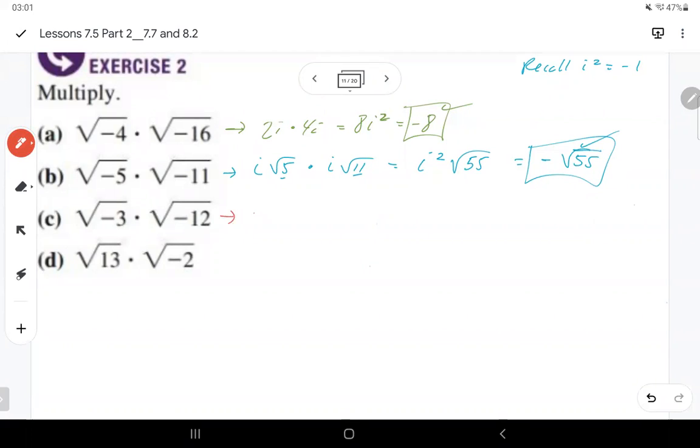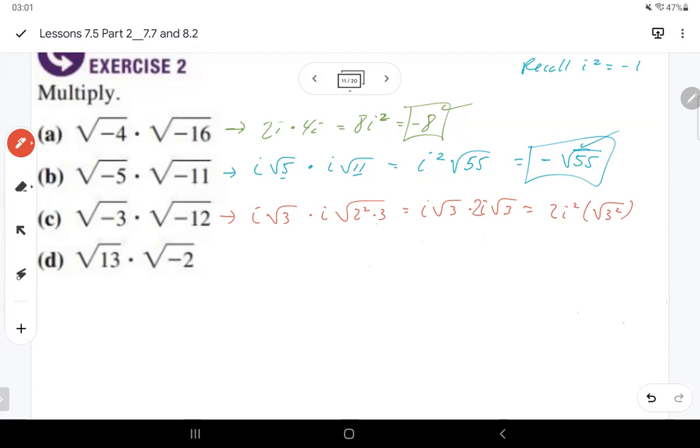C is i square root of 3 times i square root of 2 squared times 3. So that's i square root of 3 times i, 2i square root of 3, which then becomes 2i squared times the square root of 3 squared.